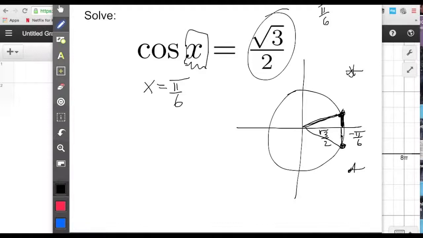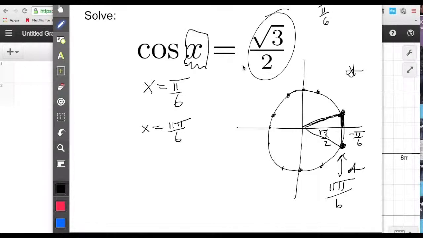But also if we count around our circle, we should get a positive value between 0 and 2 pi for this angle. So that's pi over 6, 2 pi over 6, 3 pi over 6, 4 pi over 6, 5, 6, 7, 8, 9 pi over 6, 10 pi over 6, that's 11 pi over 6 right there. So cosine of 11 pi over 6 also equals root 3 over 2.